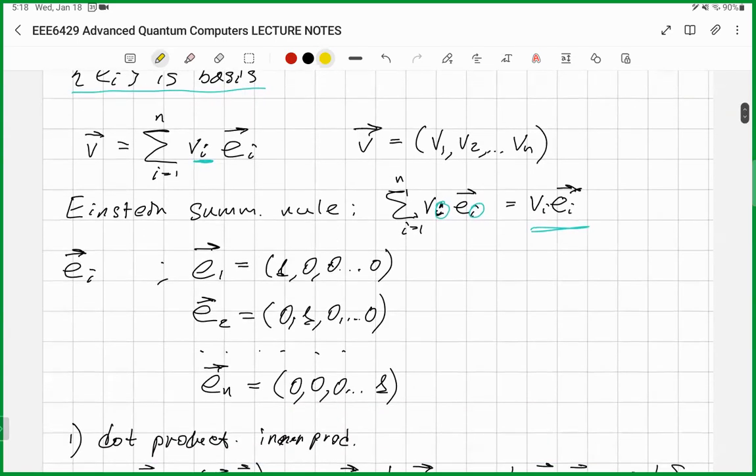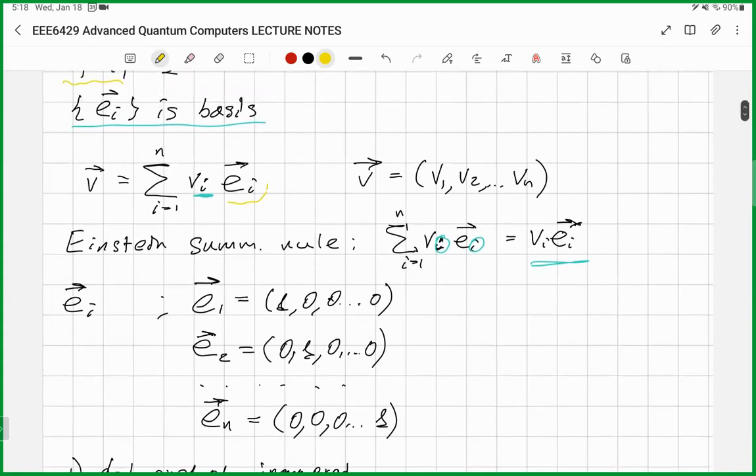So, when we introduce this basis, E sub I here, we can express any vector like V in this space as a linear combination of these basis vectors times the projections of the vector V on the basis, right?